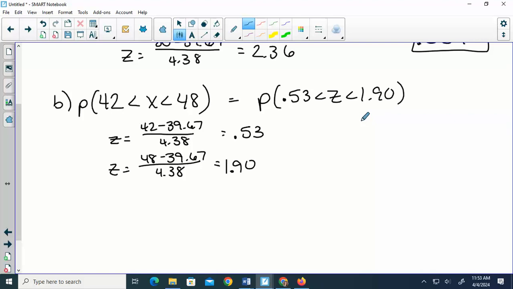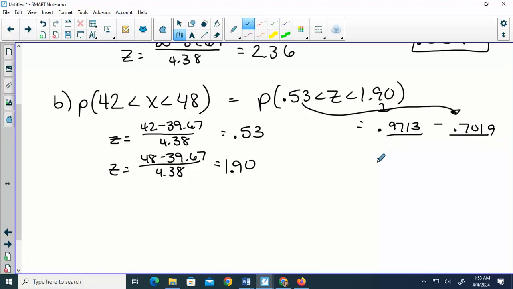Okay, in between we subtract. You have to do the bigger probability minus the smaller one. So we need to look up the 1.90 first. So that's 0.9713. And then we look up the 0.53. So that's 0.7019.